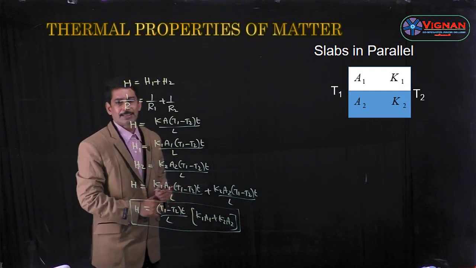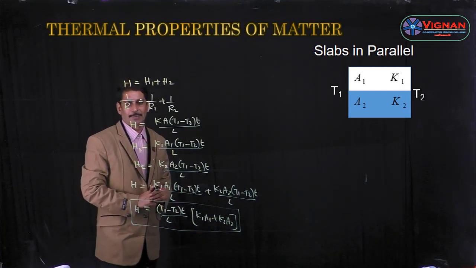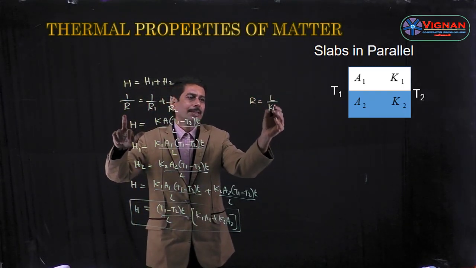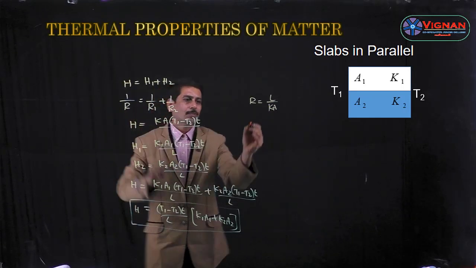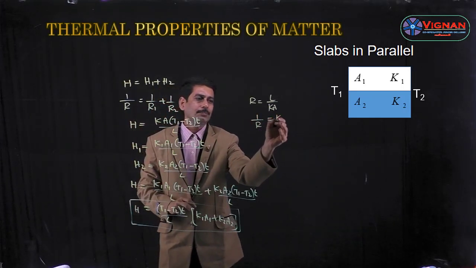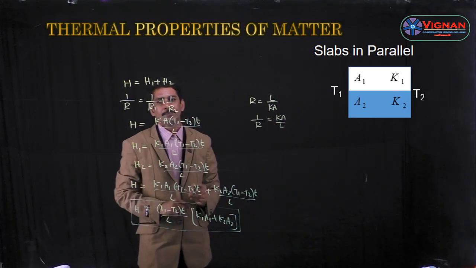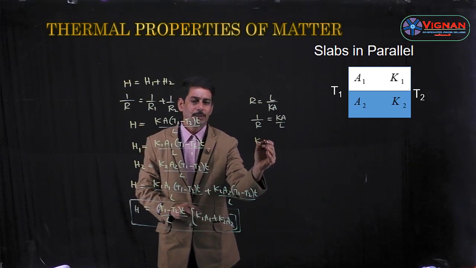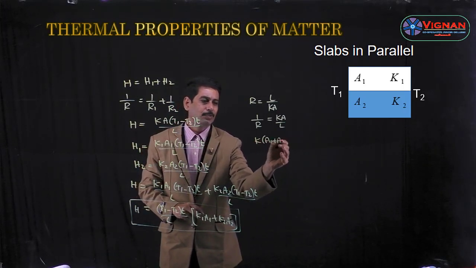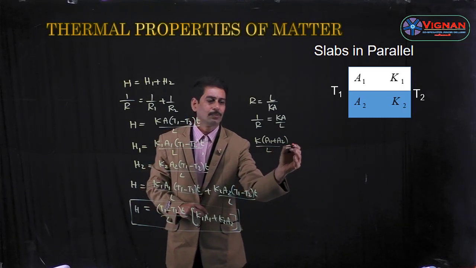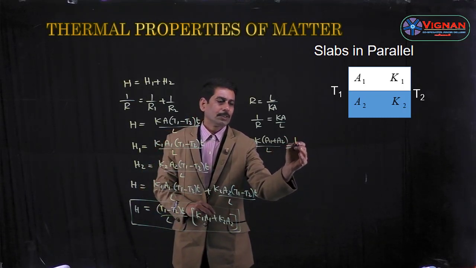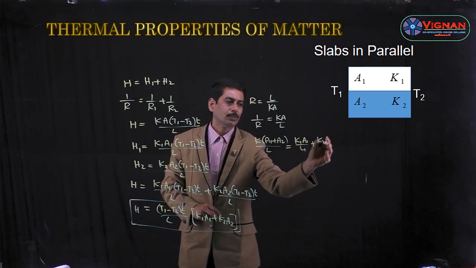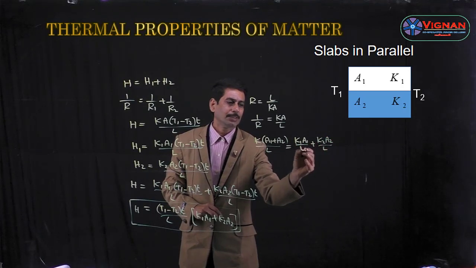Now let us find the effective thermal conductivity when the rods are connected in parallel. We know R is equal to L by K A, so 1 by R becomes K A by L. Applying this, K into A1 plus A2 divided by L is equal to K1 A1 by L plus K2 A2 by L, because the length is the same.